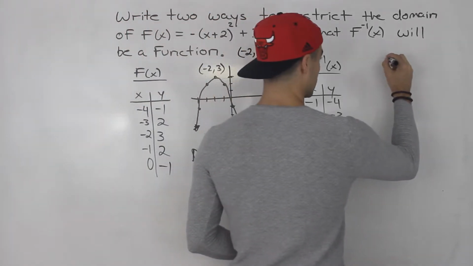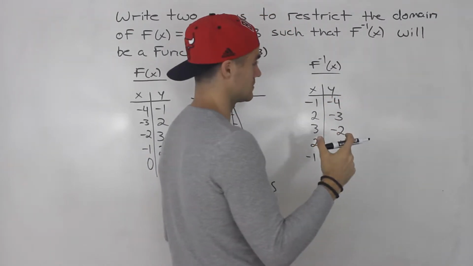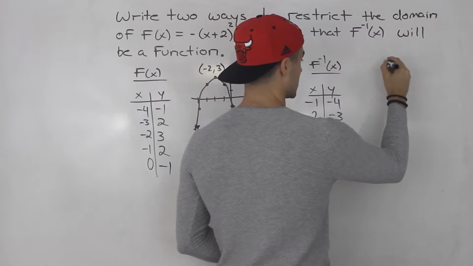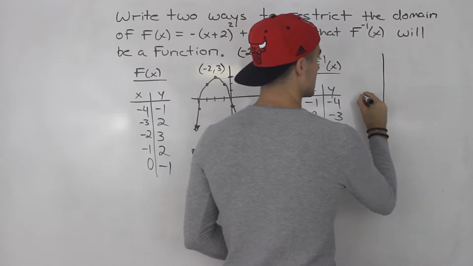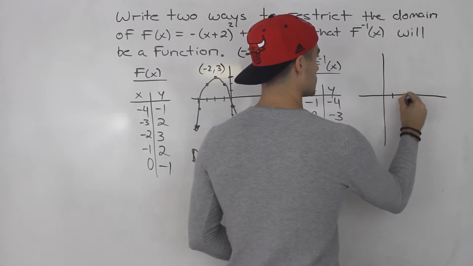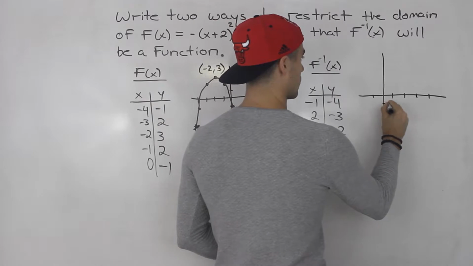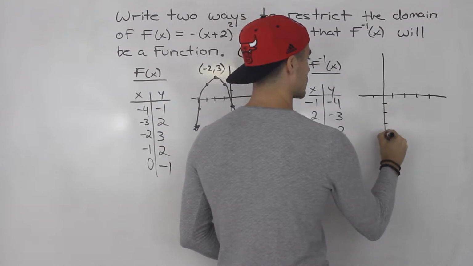So as we know, the inverse of a quadratic is going to be what? It's going to be a sideways parabola. So if I take this, graph it, so I'll have 1, 2, 3, 4, then negative 1, then I'll have 1, 2, 3, 4.